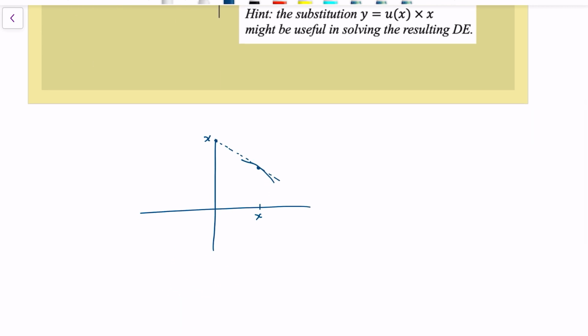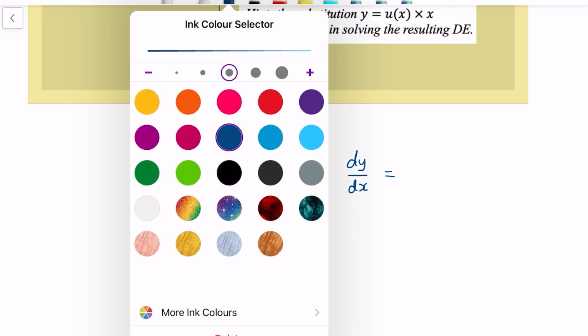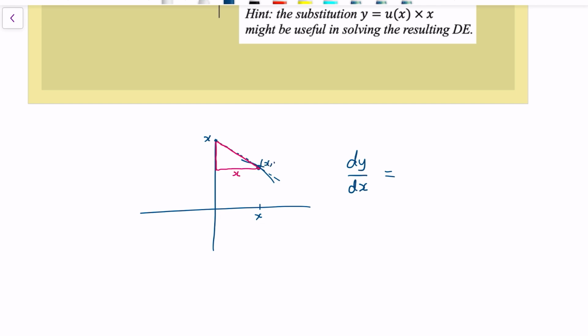Alright, the gradient of the tangent there is just given by dy/dx. And that's equal to, just like we did in problem 10, and I'll change the colours to make it easier to see, the slope of this triangle here, which we can find using rise over run. So we've got x as the run, and bear in mind that that coordinate there is (x, y).